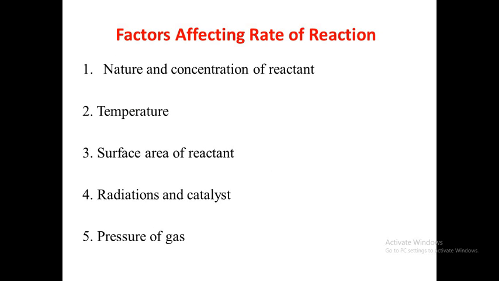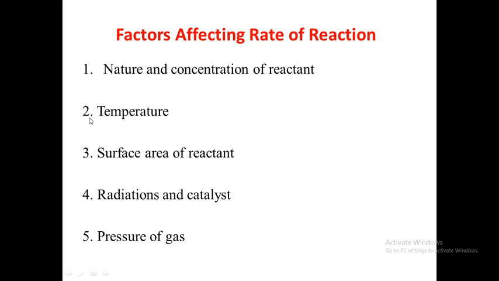Now let us discuss different factors which affect the rate of reaction. The first factor is nature and concentration of reactant. Always remember, when concentration of reactant increases, the rate of a chemical reaction always increases. The next factor is temperature.